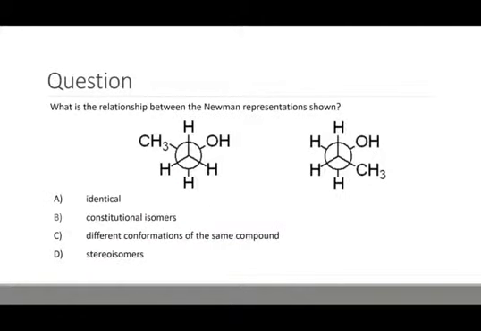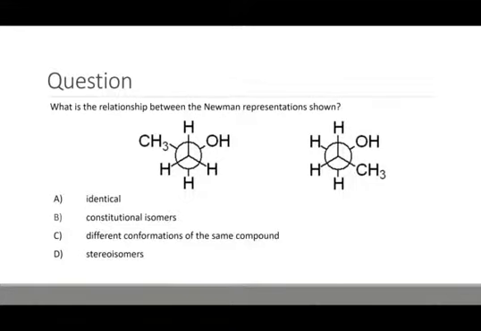Okay, so let's try a different one. Here we're looking at, again, the same type of question, relationship between Newman representations shown. So in this case, I want you to think about where things are connected and if you can rotate the molecule to get a different conformation.